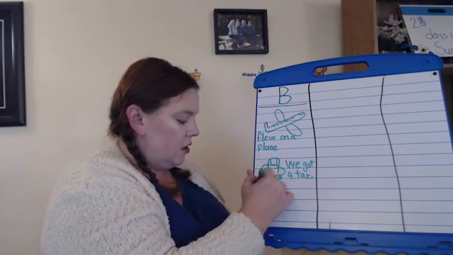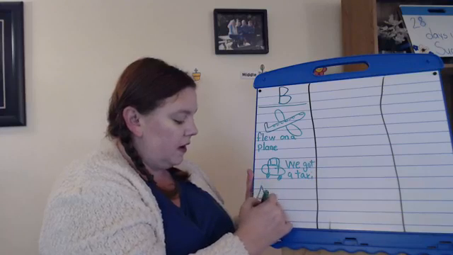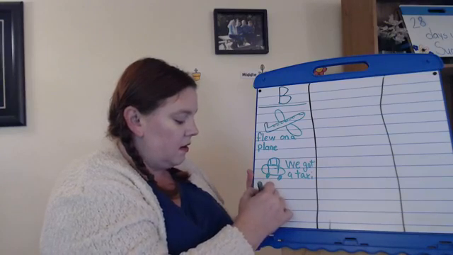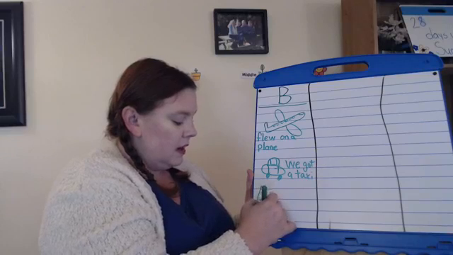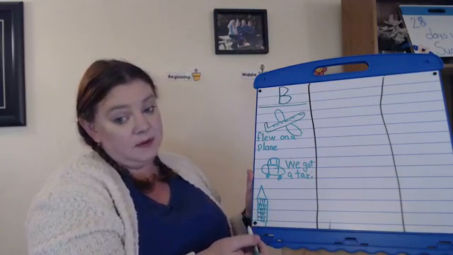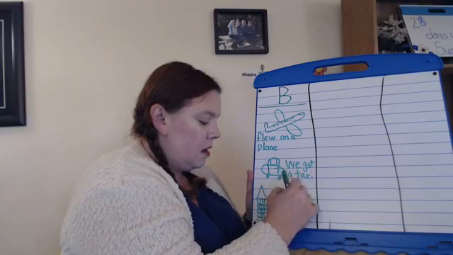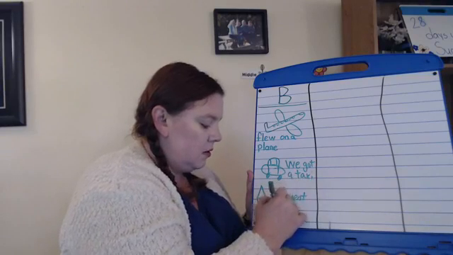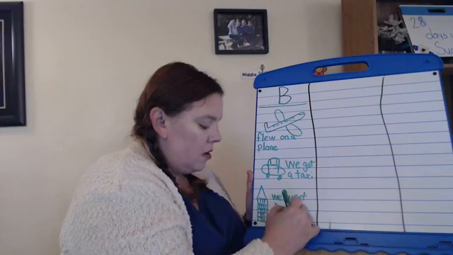So I'm going to draw. Now, our hotel was a very, very tall building. I'm going to draw it with lots of windows. It was a beautiful place, but a very tall building. And so I'll say we went to our hotel.